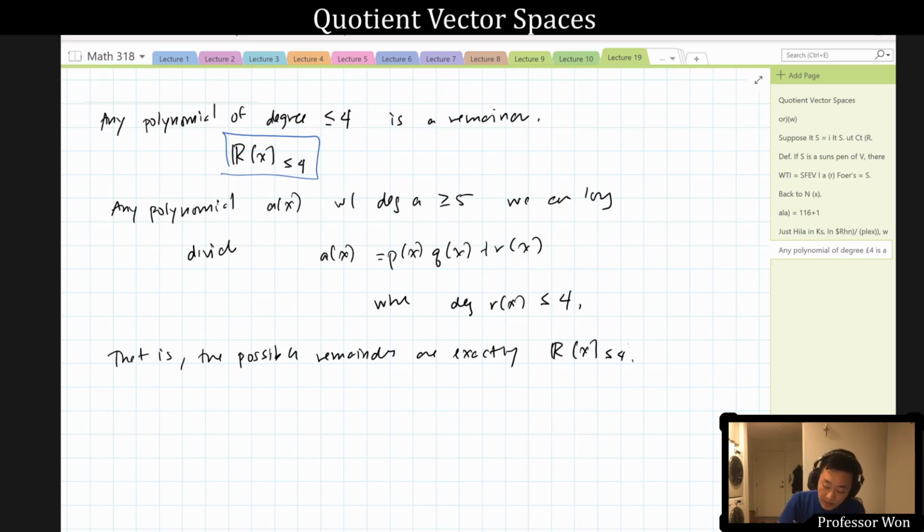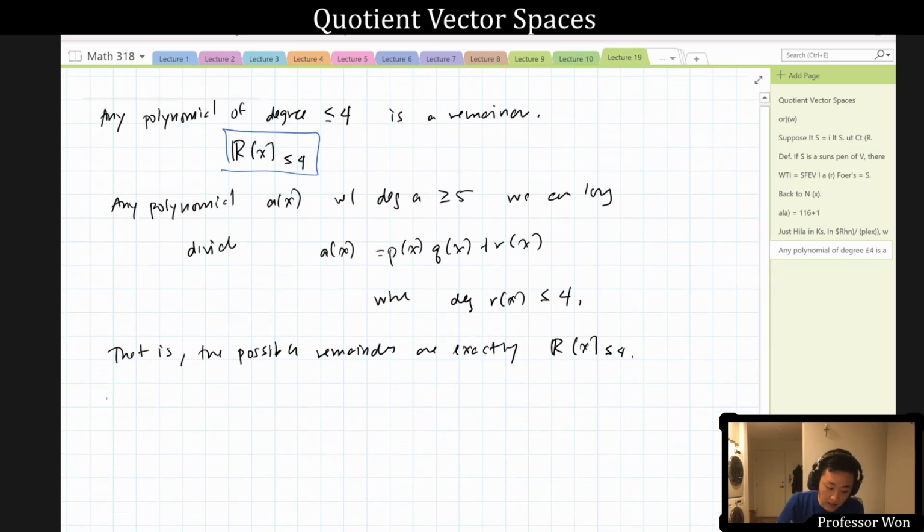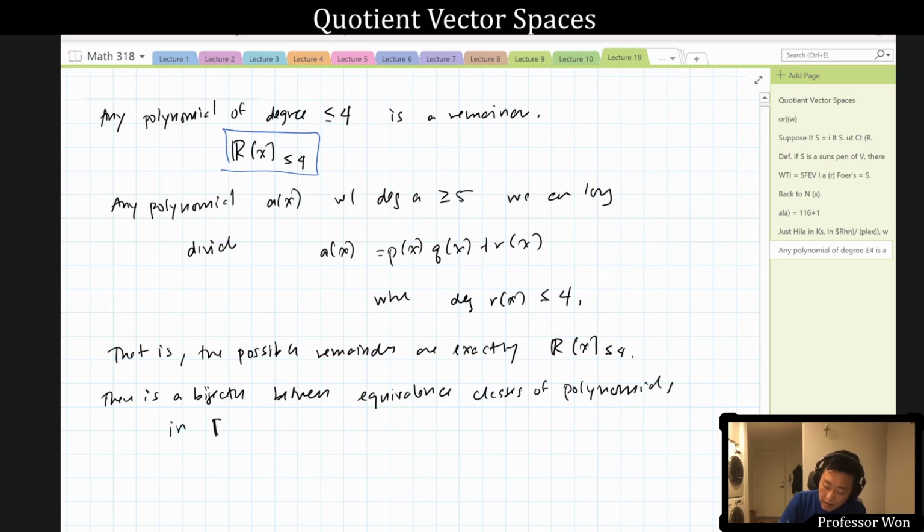Right, so there is a bijection between the equivalence classes of polynomials in this quotient space and this set of possible remainders.